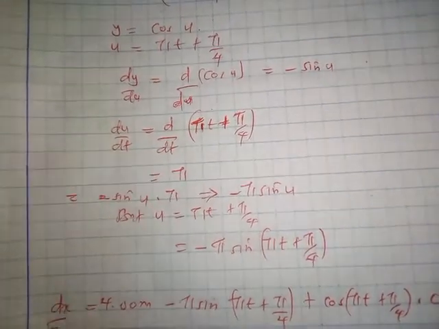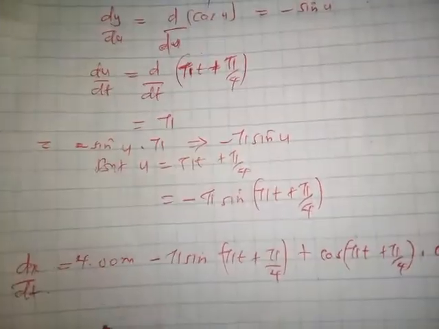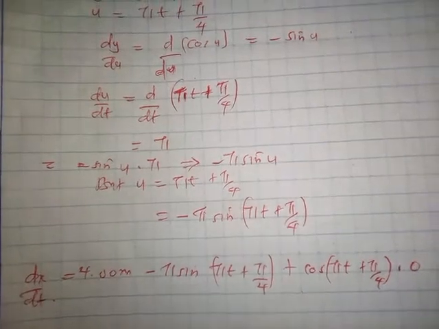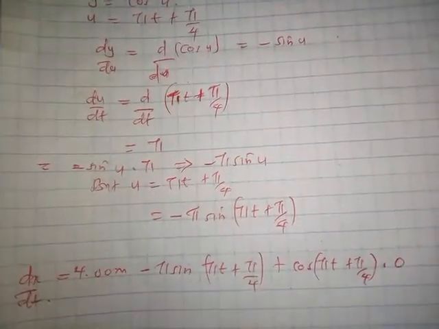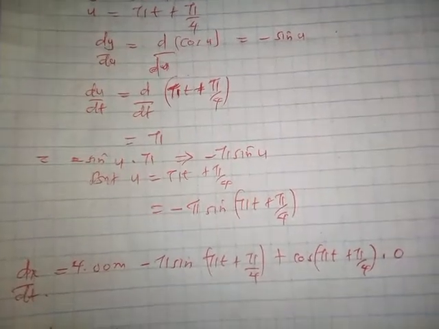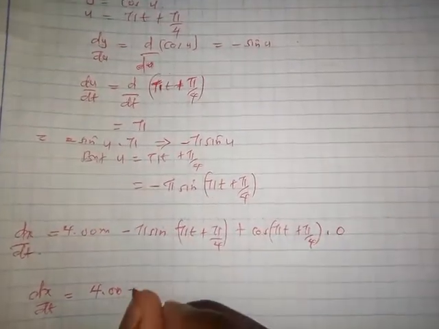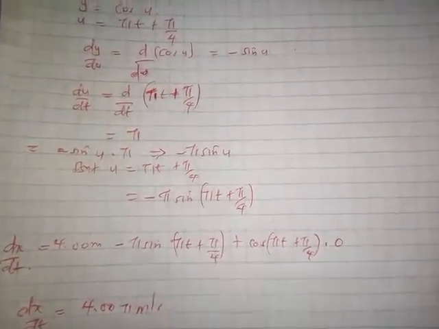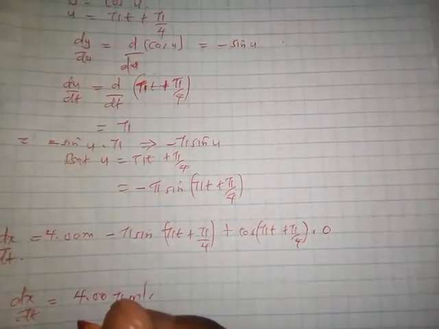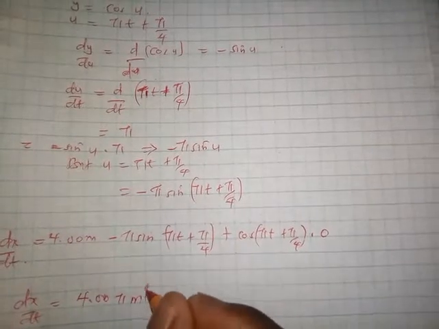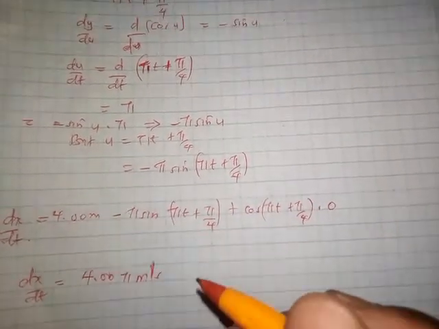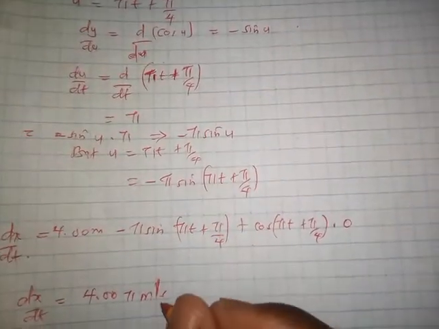So dx/dt is equal to negative 4.00π meters per second times sin(πt + π/4). Remember, this is velocity, since we have differentiated the displacement.